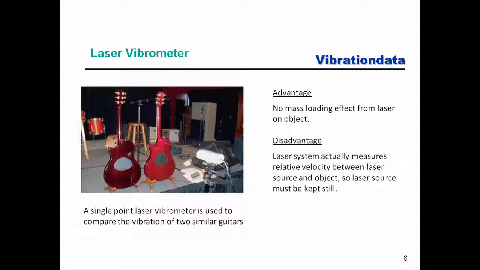Lasers, they're fun to use. They can give great data. So here's a laser, and in this case, it's being used to compare the vibration of two similar guitars. And one of the big advantages of a laser is that it has no mass loading effect from the laser on the object. So I think we can neglect the effect of the photons.